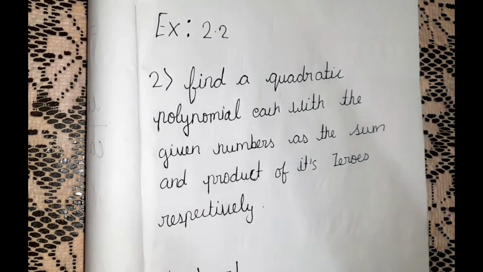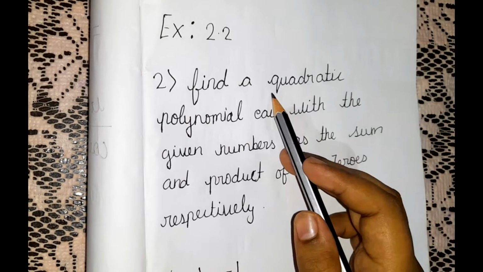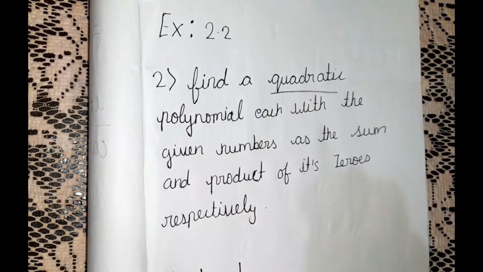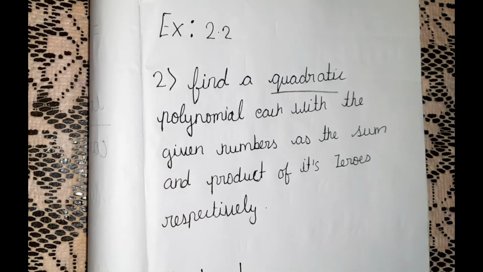First of all, do you know what is a quadratic polynomial? In this lesson, most probably we get this word, quadratic polynomial. We had already learned what is a quadratic polynomial. In case you forgot that, let me just recall it.